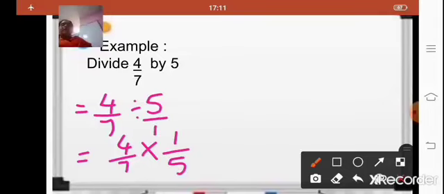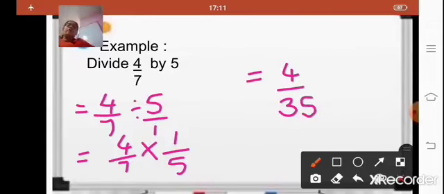When you write the reciprocal, it will be 1 upon 5. Now when you multiply, the answer will be 4 ones are 4, 7 fives are 35. So your final answer is 4 upon 35.